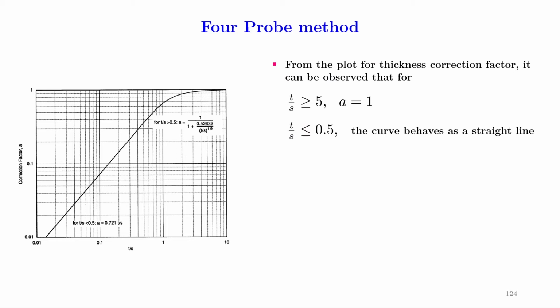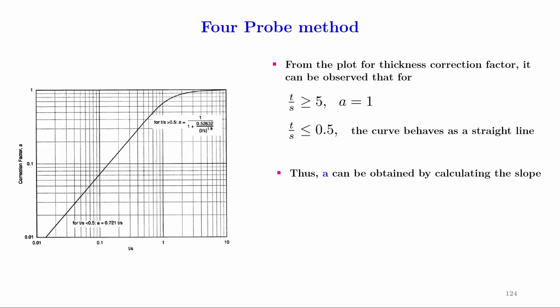This figure shows a plot between T over S and the correction factor A. From this plot, it can be observed that for T over S greater than or equal to 5, A equal to 1, and for T over S less than or equal to 0.5, the curve behaves as a straight line.